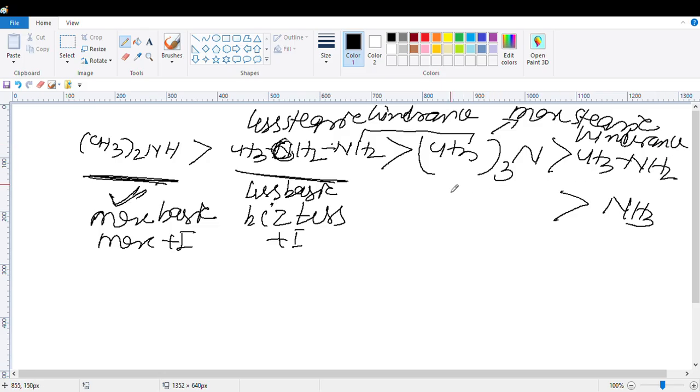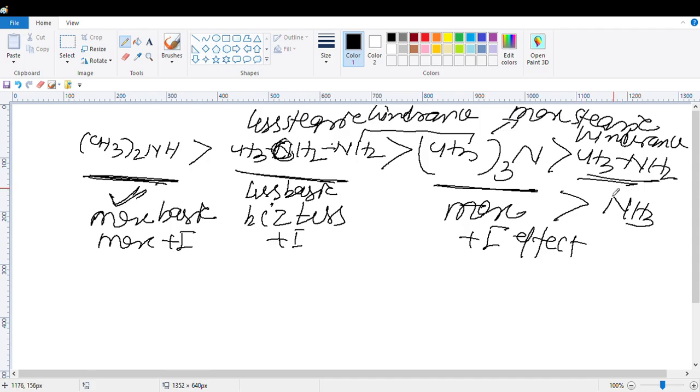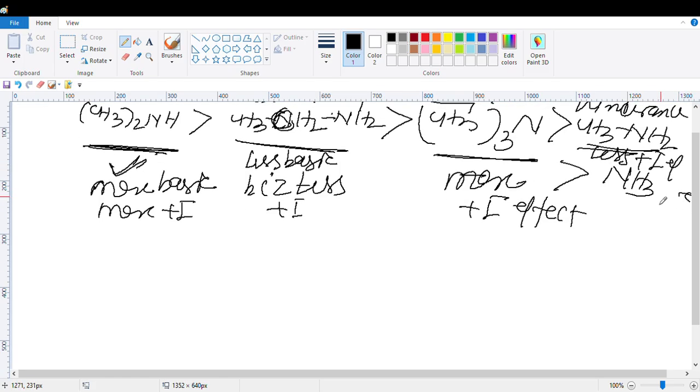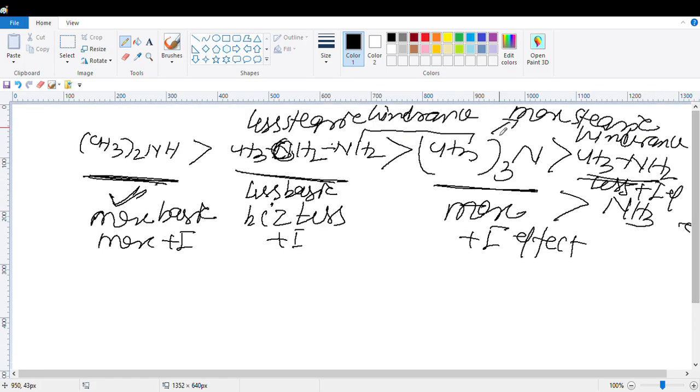And when we compare trimethylamine and methylamine, the more plus I effect will be applicable here and less plus I effect will be applicable here, isn't it?